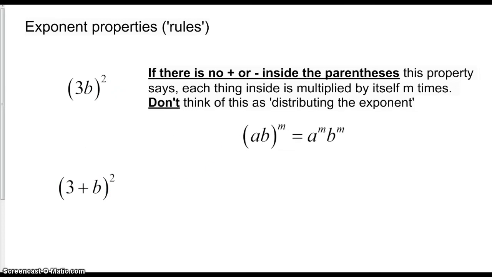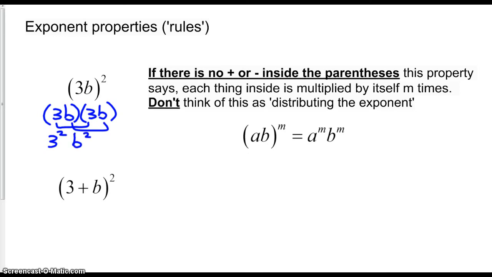Okay, a couple other things to be aware of as far as properties before we get into some more complicated examples in the second part here. If you have something like 3b raised to the 2nd power, I know a lot of people are tempted to distribute the exponent to the 3 and the b. But I want you to be cautious about that idea, because what this really means is 3b times itself. And it does turn out to be 3 squared times 2 b's multiplied together.